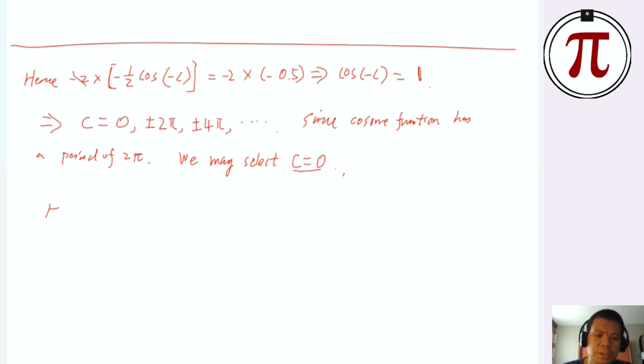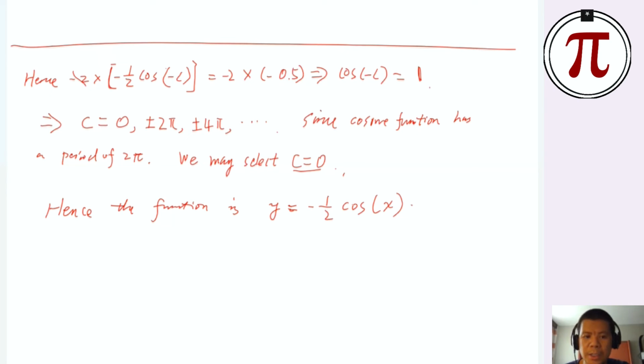So hence the function is what? Y equals a, which is -1/2 cosine of x, since c is 0, and then plus 1/2.